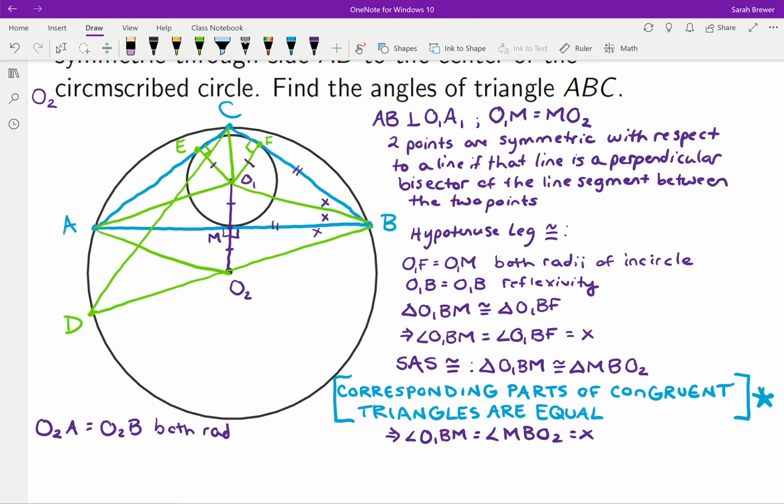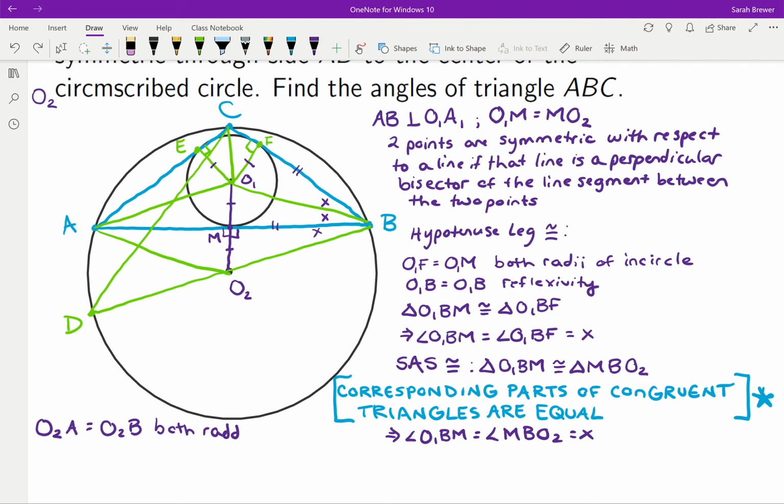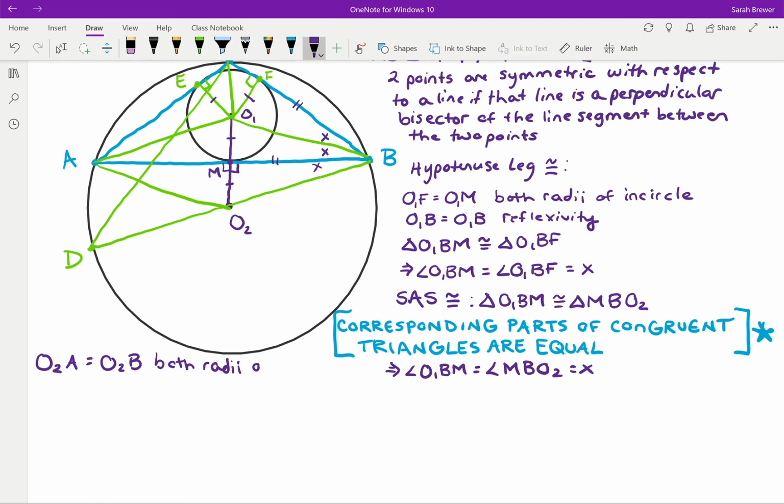Oh no, I lost my circle. Come back. So those are both radii of our circumcircle. So those are equal.